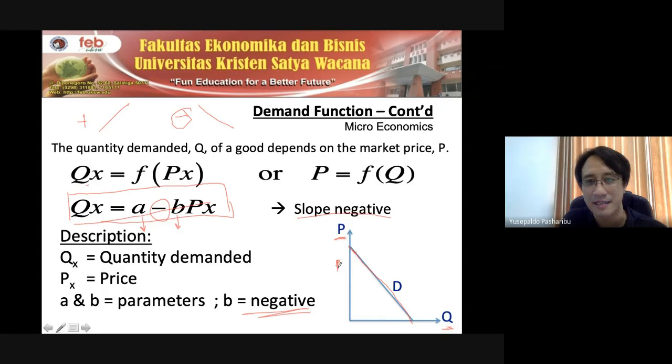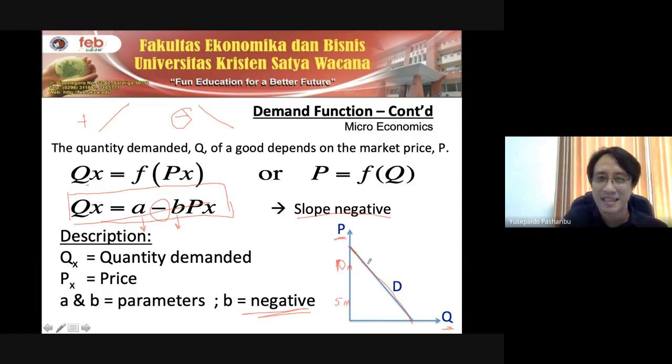I will try to give you an easy example. This is the price. This is 10 million rupiah, and then this is 5 million rupiah. For example, if I have an iPhone and I want to sell this iPhone for 10 million, how many people want to buy it?